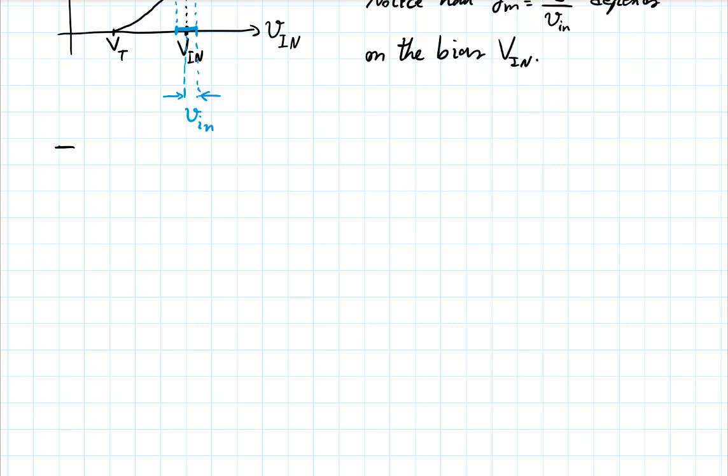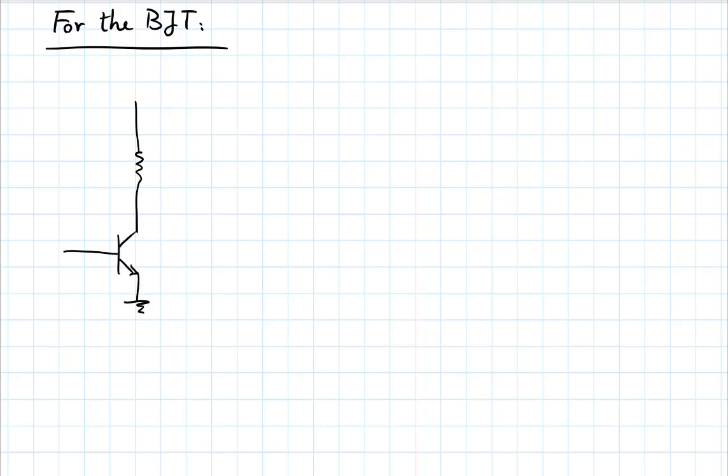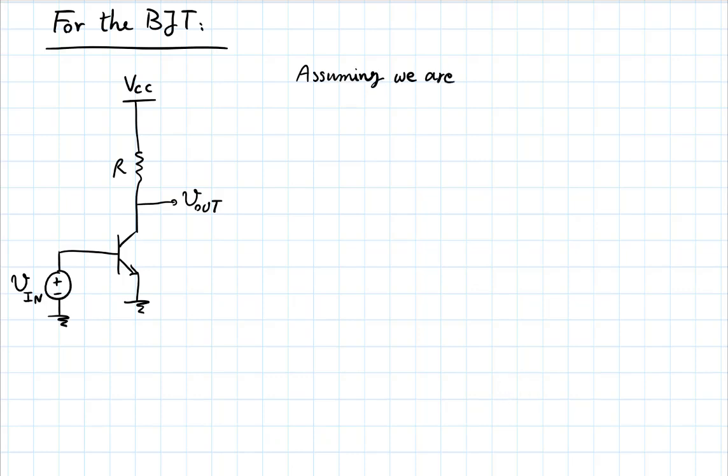So I will not go through all the details of that, but for the BJT, if I build a circuit like that, and I have this, assuming we are biased in the active mode, and again, remember, what we call active here is what we call saturation for the MOSFET.